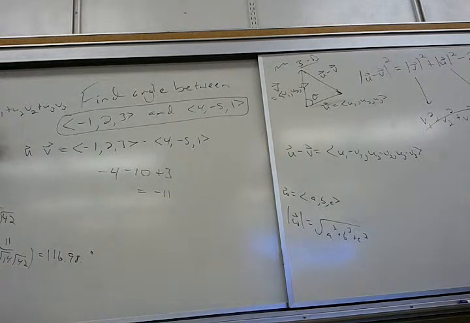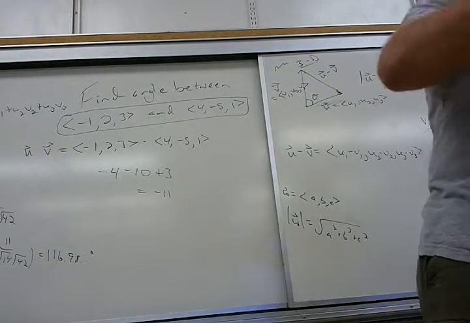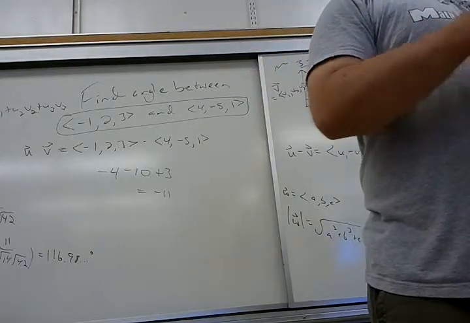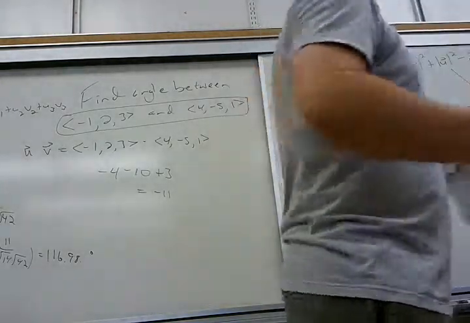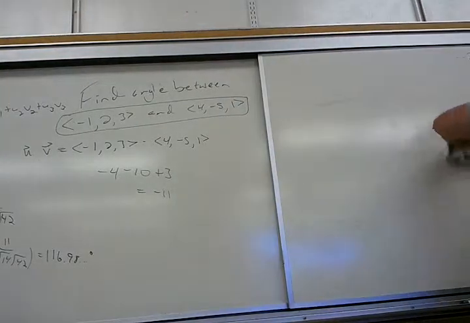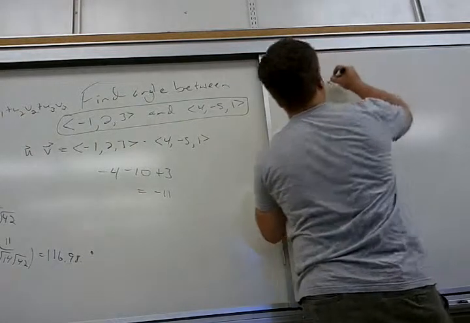That guy's easy. Okay. So what do you think is true then for two vectors that are perpendicular, also known as orthogonal? What's got to be true about the dot product of two vectors that are orthogonal, that are perpendicular? Should be equal to 0. Yeah.